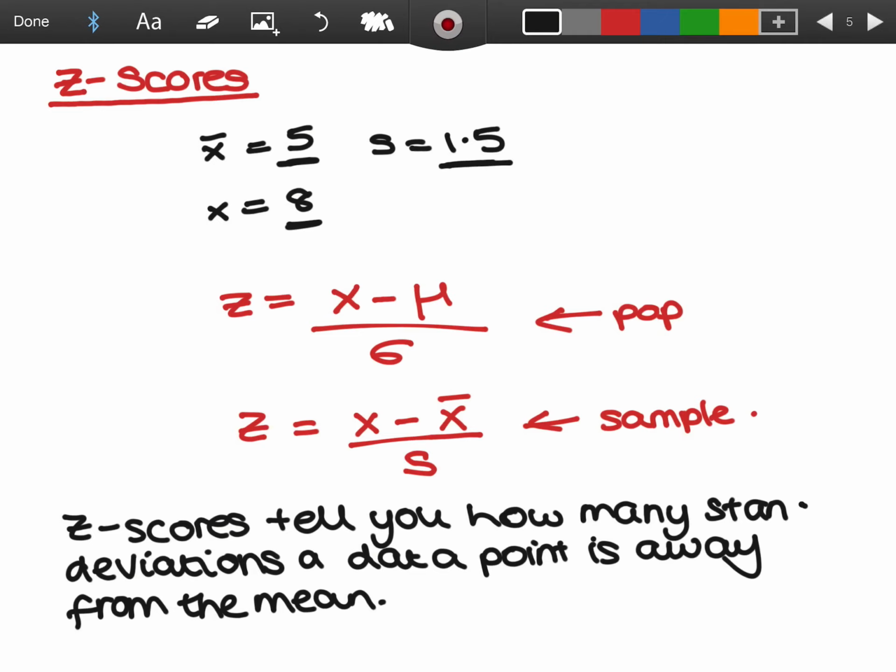Okay, so it's calculating this measurement in terms of standard deviations rather than just in a numerical value of how far above or below that data point is.